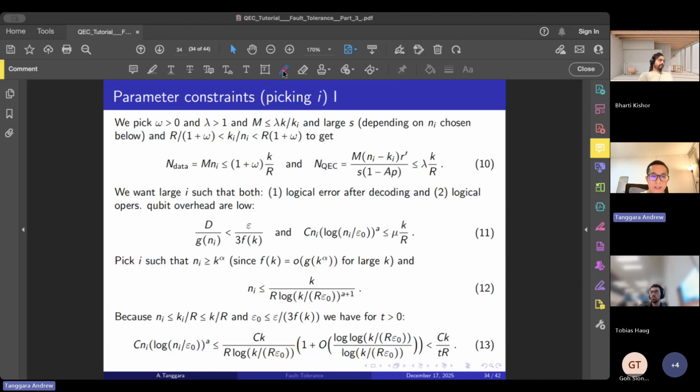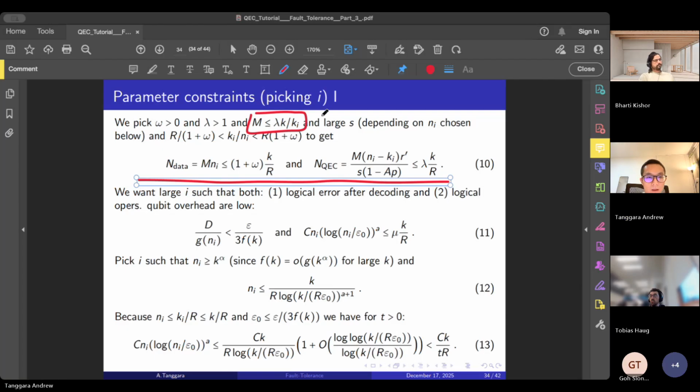So the first two are quite simple. We just need to set m to be smaller than this number, and then we can just plug that in, and we pick a large S for this. We pick k_i and n_i such that this is satisfied.